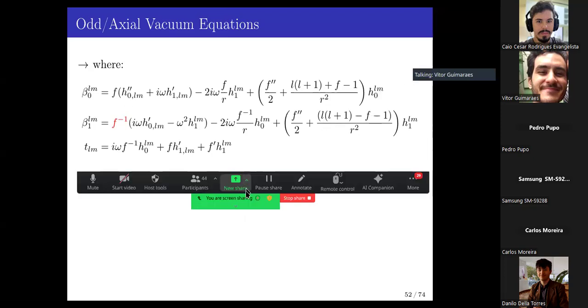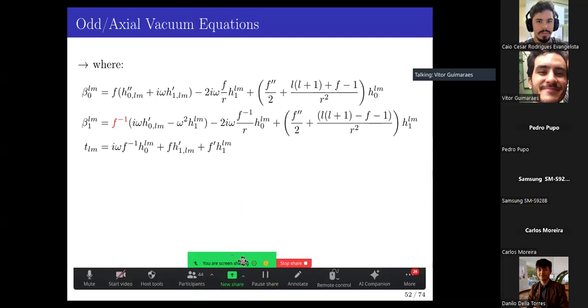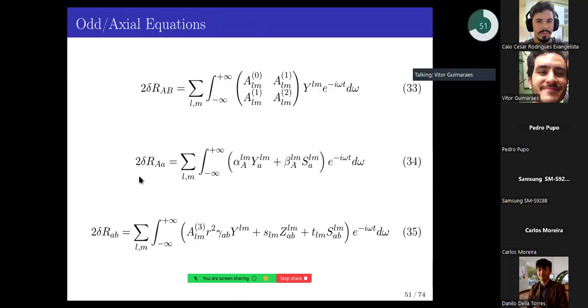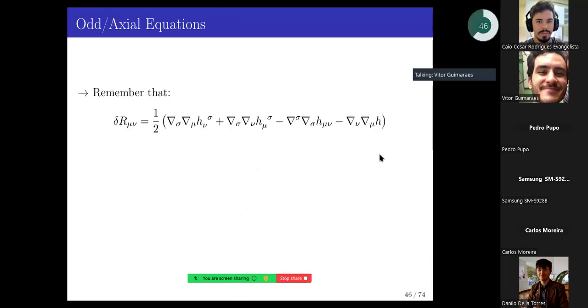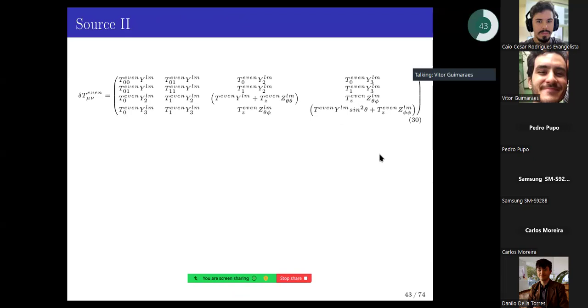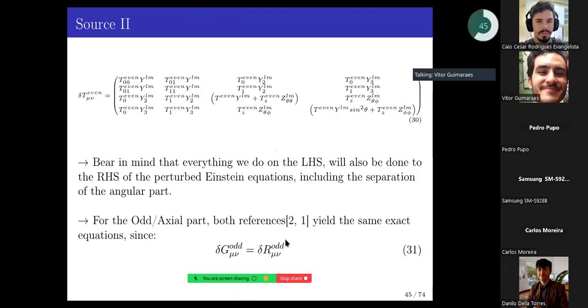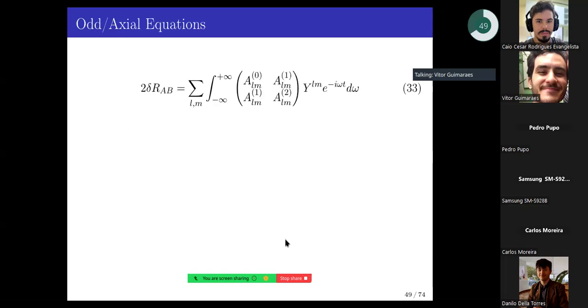But since we want to see how these equations look with the source, we have to perform the separation. We have to use the orthogonality properties and separate each one, and do the same with the other side to see which components of the perturbed energy momentum tensor will source each of the equations.